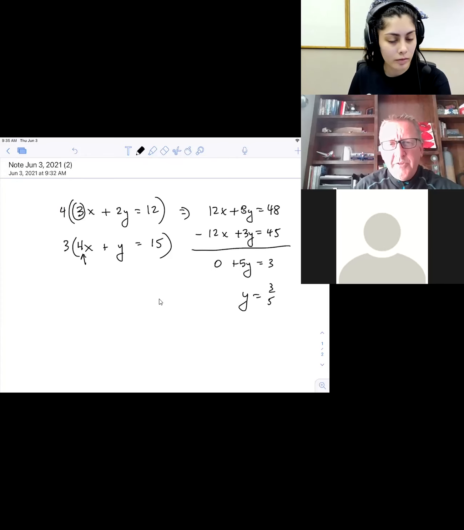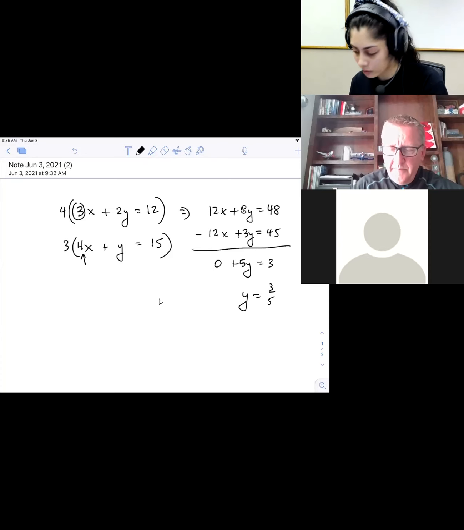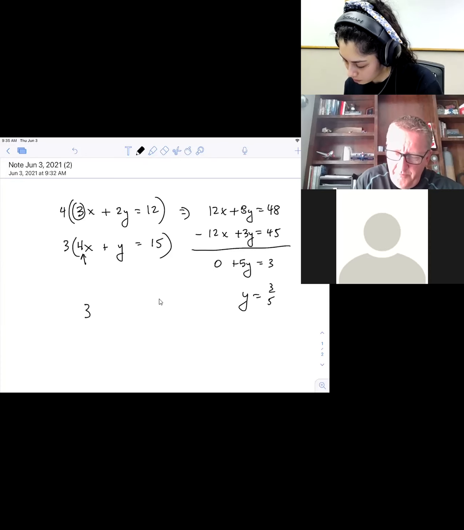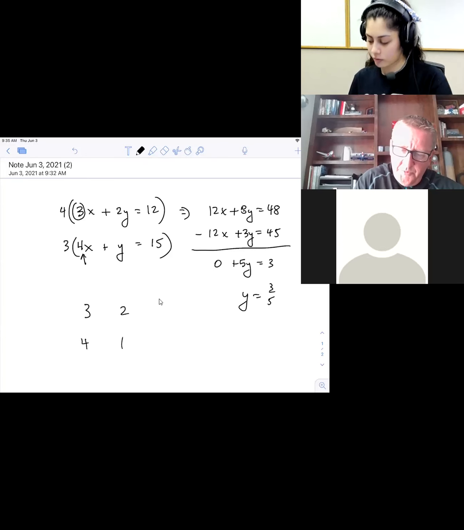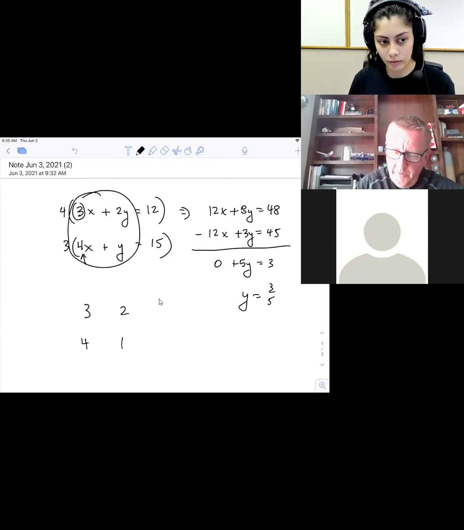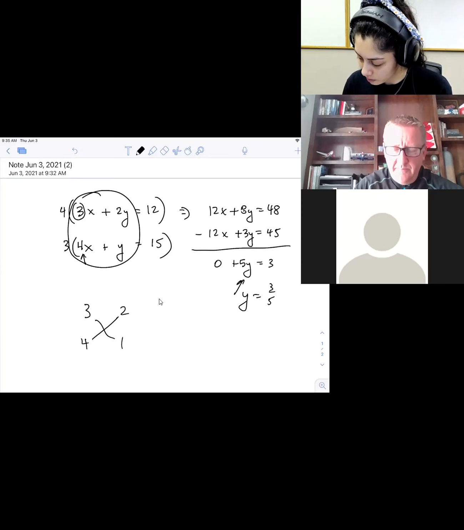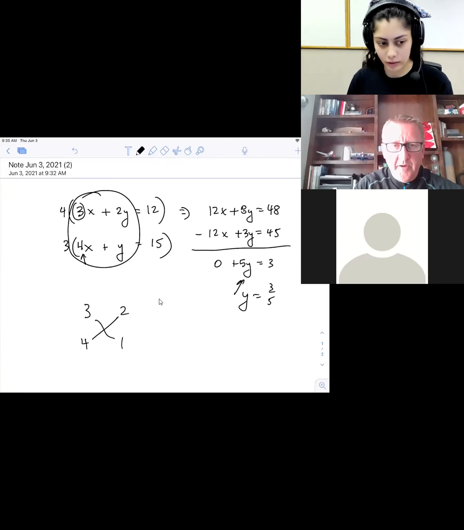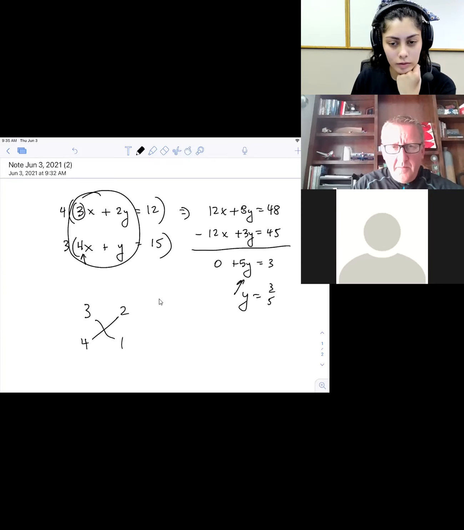But stop and think about what you just did. If I wrote 3, 2, and 4, 1, which was the original matrix, didn't you effectively go 4 times 2 minus 3 times 1 to get 5? I just did that backwards because I wrote it upside down, but that's why people invented a determinant, because that process comes up a lot.